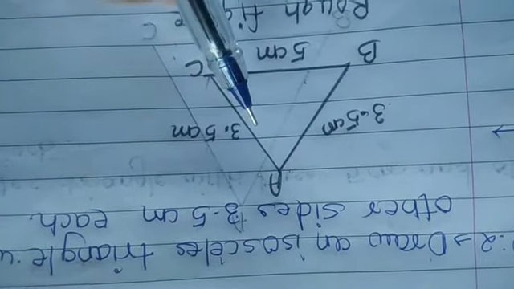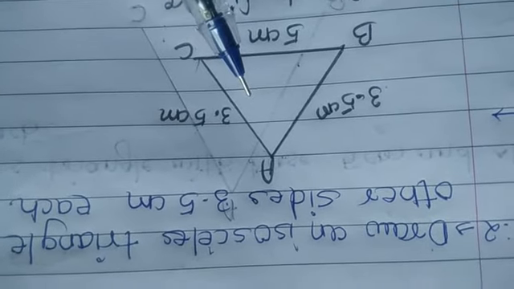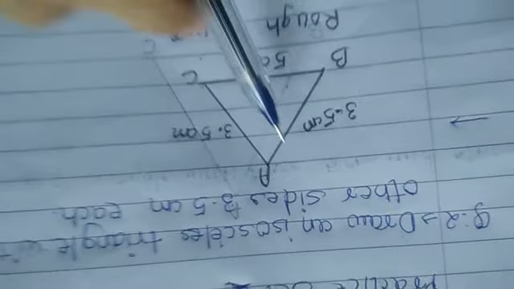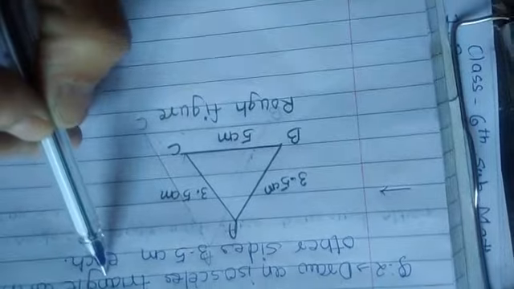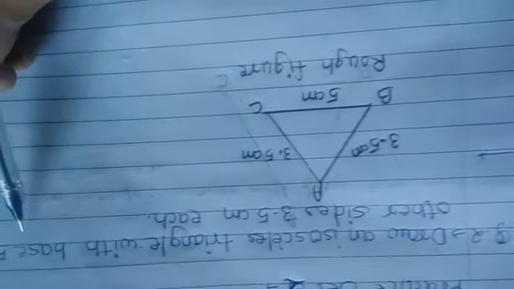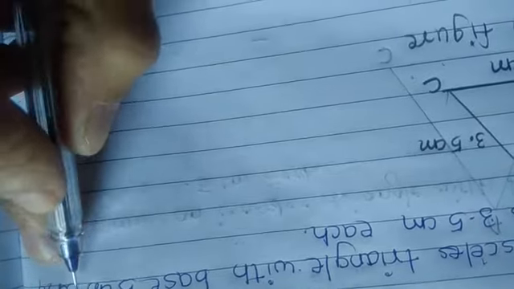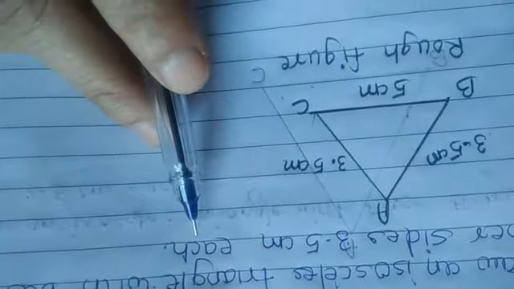So we have seen the first example of practice set number 1 for construction of triangle if the lengths of 3 sides are given. Now the second example is: draw an isosceles triangle with base 5 centimeter and other sides 3.5 centimeter each.